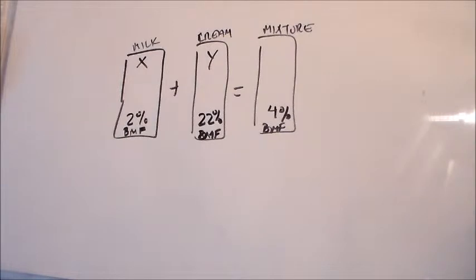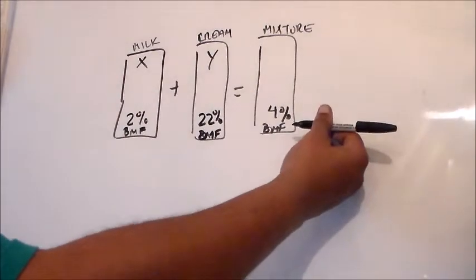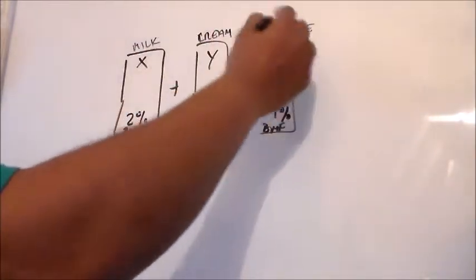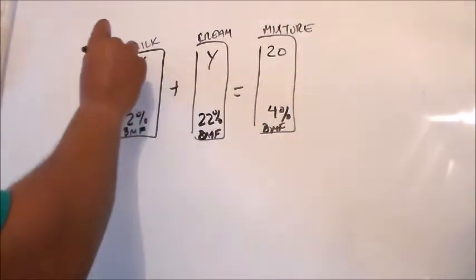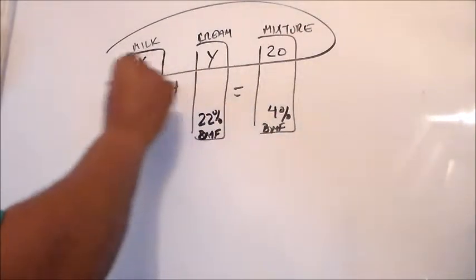Alright. So, X plus Y is going to equal 20 gallons. So, that's equation 1.